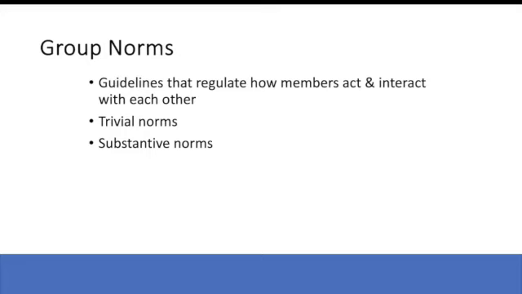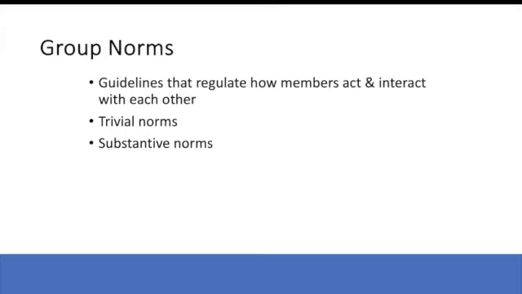Now, trivial norms tend to be more flexible, and they can be adapted or changed without as much disruption to the group dynamics. For example, allowing a casual dress code instead of business attire is unlikely to alter the group's performance, or just letting somebody dress a different way than other people isn't really going to affect how people can communicate, right?